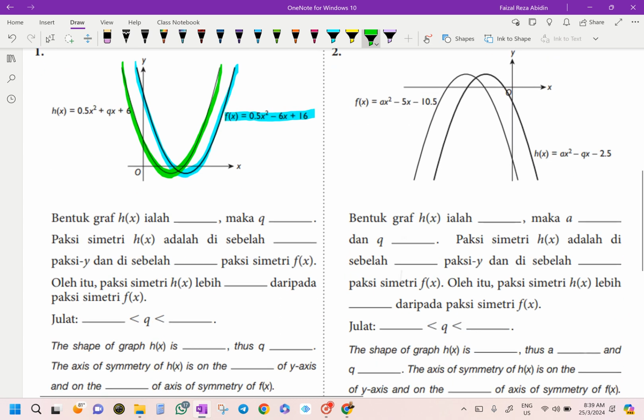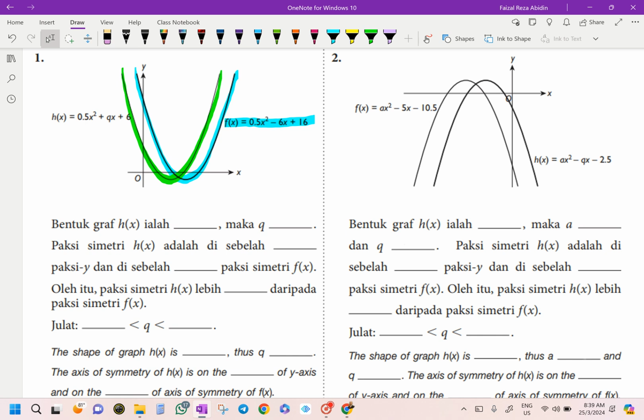Fill in the blanks with the appropriate answer. Okay, so what is the information given? The shape of graph hx. Look at our hx, the green one there. It's asking for Q there. So Q is going to be here. The axis of symmetry of hx is on the y-axis.